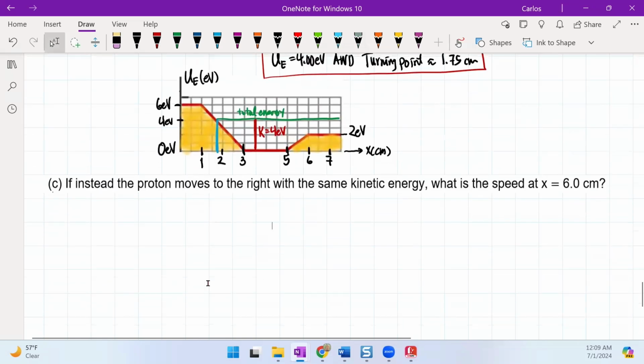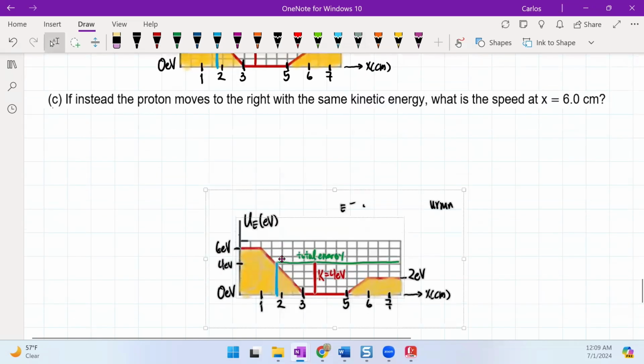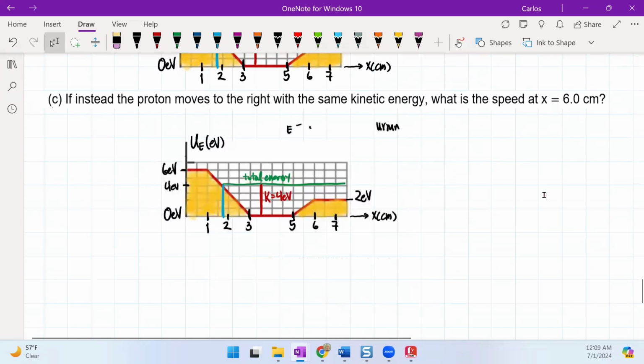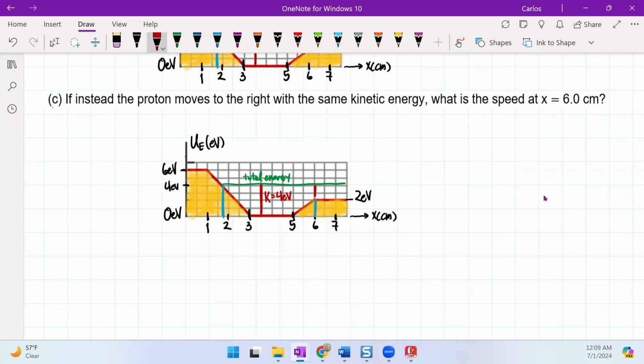So if I look at this curve, now they're telling us that it's going to the right here. So if it's going to the right, you could see that when I get to 6 centimeters, right here I have this amount of potential energy, and there is leftover kinetic energy right here.